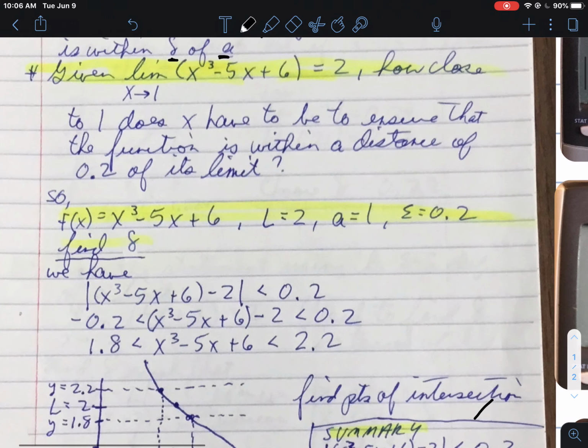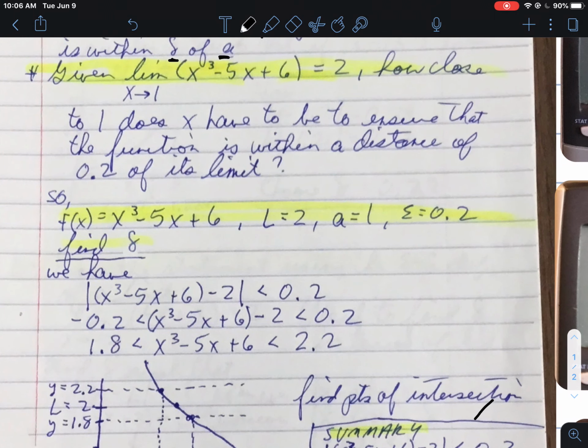All right, so I've got the limit as x approaches 1, so that is our A value of our function x cubed minus 5x plus 6 equals L. All right, so there's A, there's f of x, and there is L.